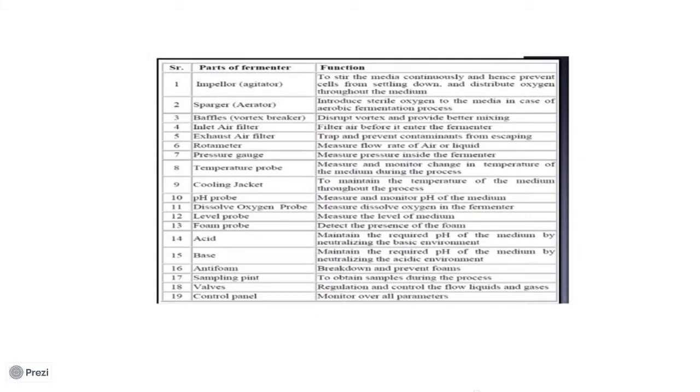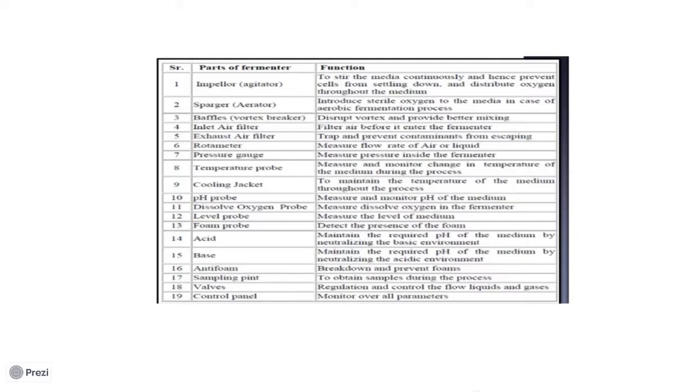Any given fermenter will be attached with various parts such as impellers to stir the media continuously and hence prevent cells from settling down and distribute oxygen throughout the medium. Spargers, which are nothing but the aerators, introduce sterile oxygen to the medium in case of aerobic fermentation processes.